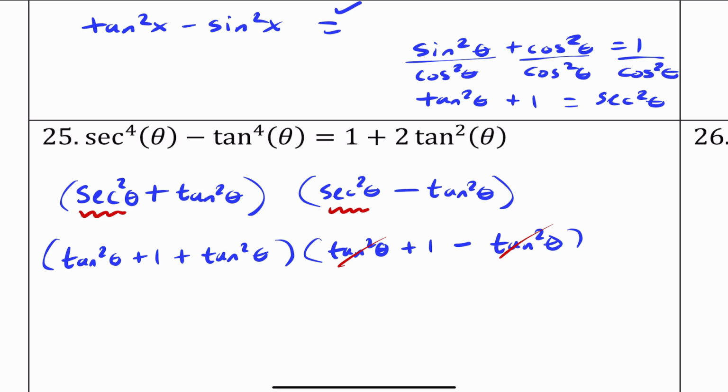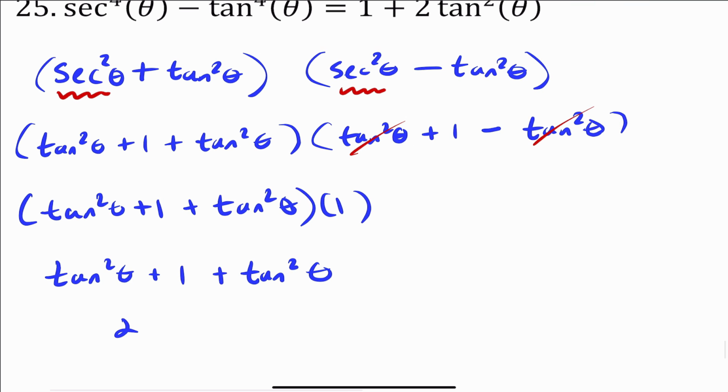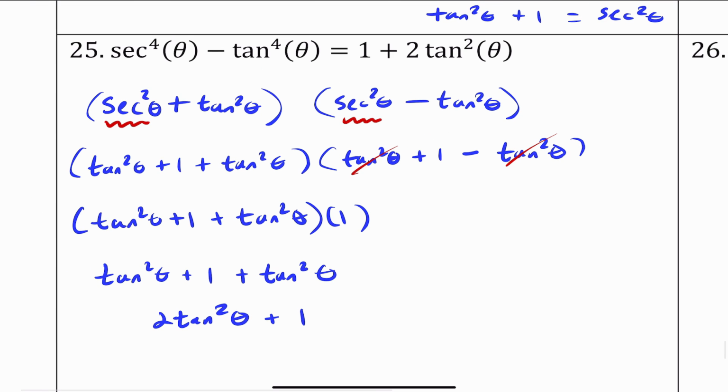So we have tangent squared of theta plus 1 plus tangent squared of theta times 1. So we're just left with tangent squared of theta plus 1 plus tangent squared of theta. And how many tangent squared of thetas do we have? Well, we have 2. So 2 tangent squared of theta plus 1, and that equals the right-hand side.